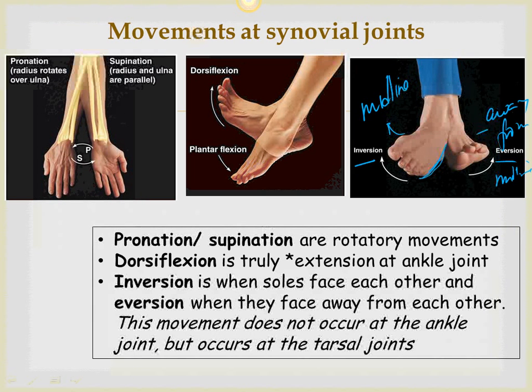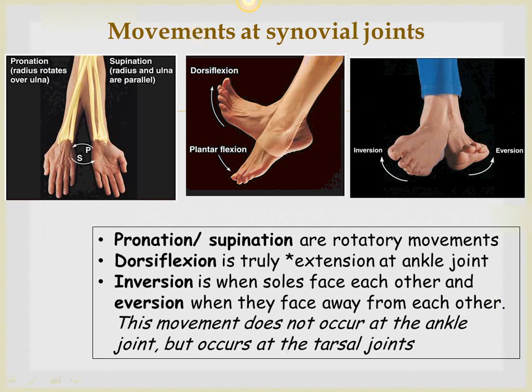This is a movement which occurs in us, and it really helps us to walk on uneven ground. If you've ever walked on rocky ground, you can see how your foot twists like this, and that helps this movement of inversion and eversion. And it does not occur at the ankle joint, because the ankle is a hinge joint, which only allows one kind of movement. This occurs at the tarsal joints.